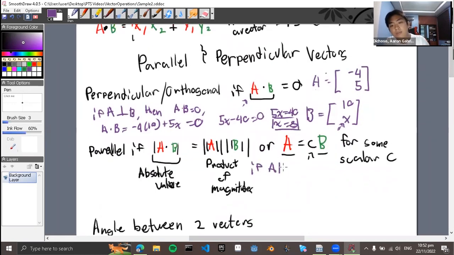Now, how about if they are parallel? If A is parallel to B, then we can say that A is equal to C times some value of B. So we could say (4, 5) is equal to C times (10, x).